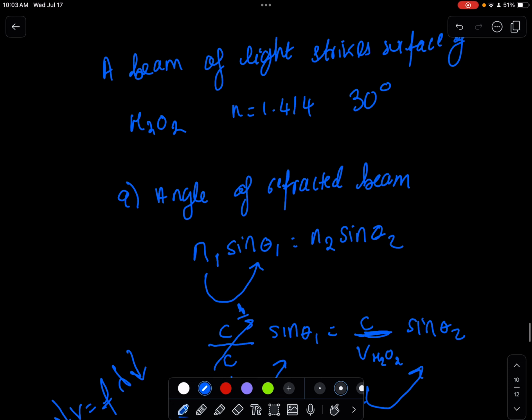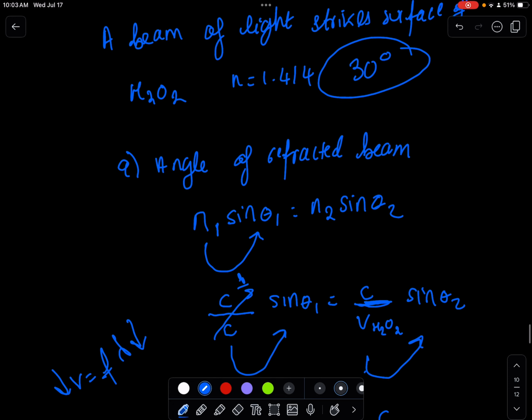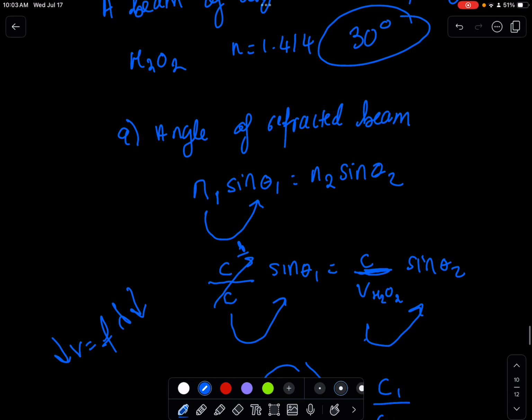So we had the air hydrogen peroxide interface. Hydrogen peroxide had a refractive index of 1.41. Sine theta r, which is the refracted angle, equals 1 sine 30, because 30 degrees was the angle it made with the boundary.